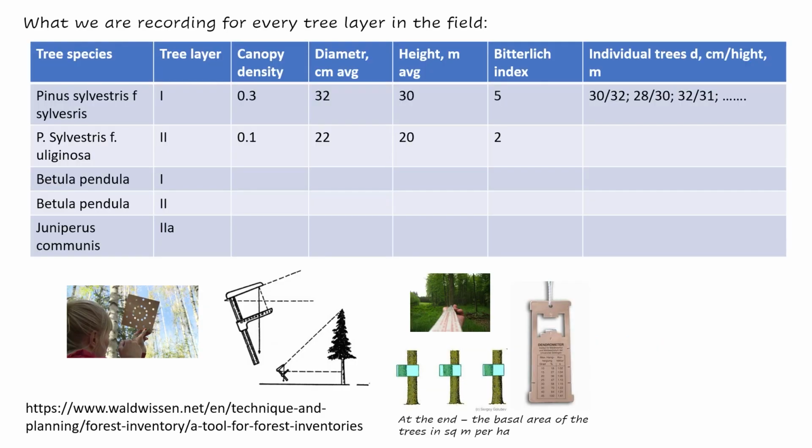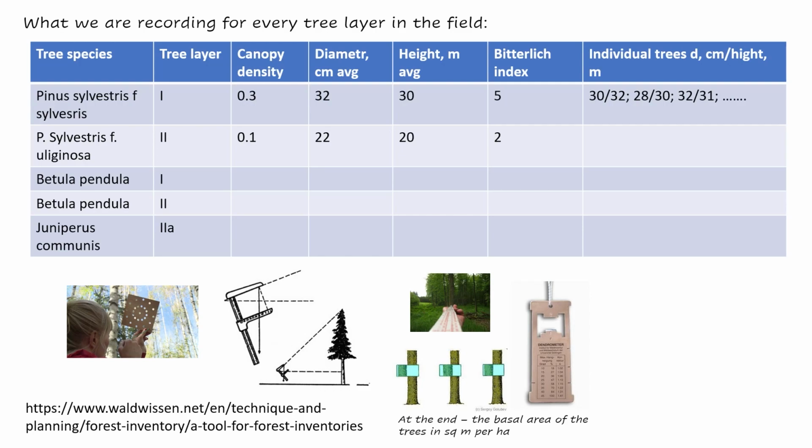Next step, you characterize every layer. For every tree layer, you put the tree species and designate individually for these tree species and for this layer the canopy density, average diameter, and average height. You can also make the diameter and height more accurate using not very complicated instruments. There is also an uncomplicated instrument for canopy density.